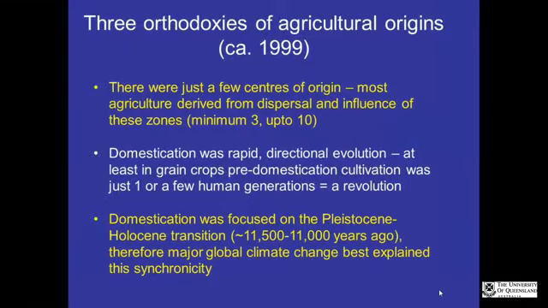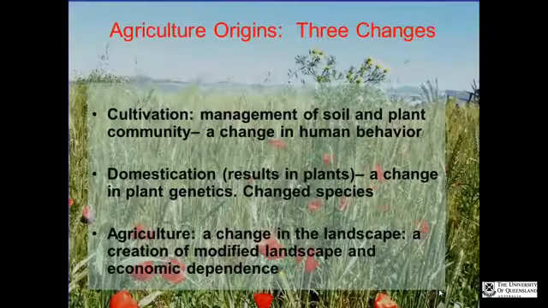So it happened in a few places, and it happened rapidly, and it happened right at the end of the Pleistocene, the beginning of the Holocene, in geological terms, so around 11,000 years ago. And because it was rapid and synchronous, it was very easy to have simple explanations like climate change caused it. So those are the things we'll set in the background, and we'll work our way through whether it's still reasonable to believe them all.